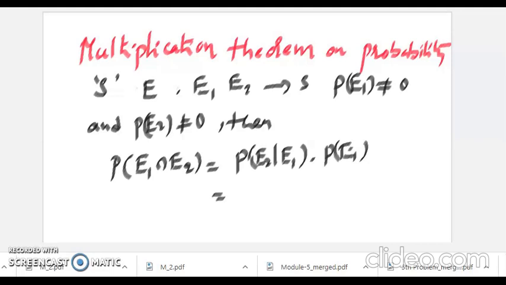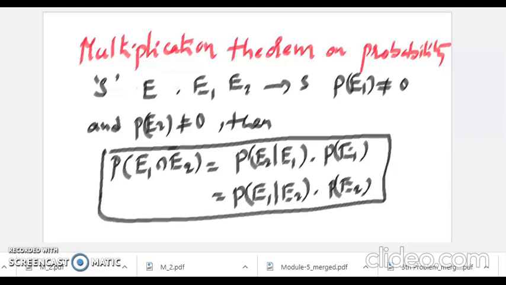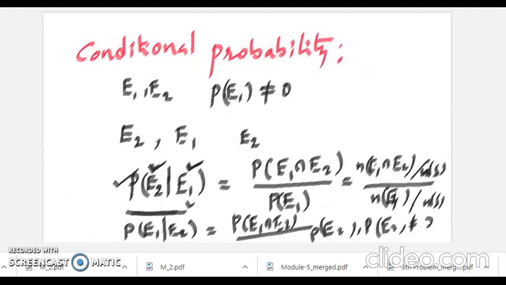It is also equal to conditional probability of an event E1 when E2 already occurred into P of E2. This is the theorem of multiplication on probability. This can be derived from the definition of conditional probability.